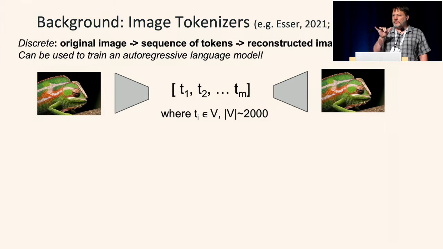These little gray polygons are pre-trained. You're going to do this as an autoencoder, go through a whole bunch of images, and figure out how to do this mapping. All the modeling and architecture work I'll talk about later in the talk is going to assume this is pre-trained, fixed, and available to you. So that's what I would call discrete tokenization.